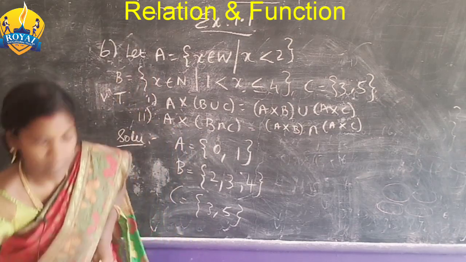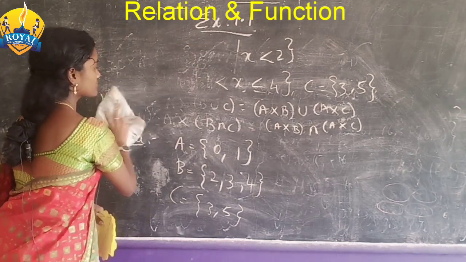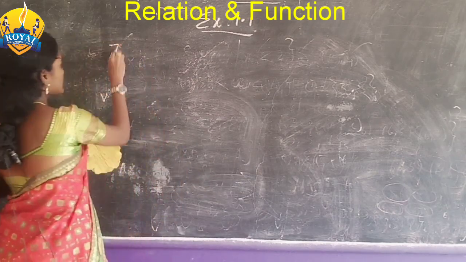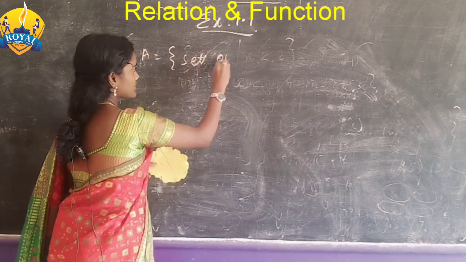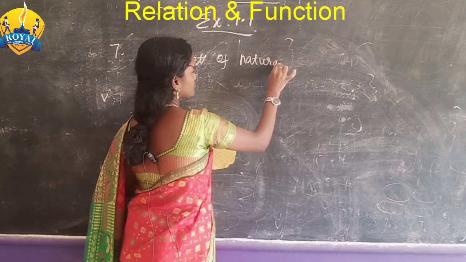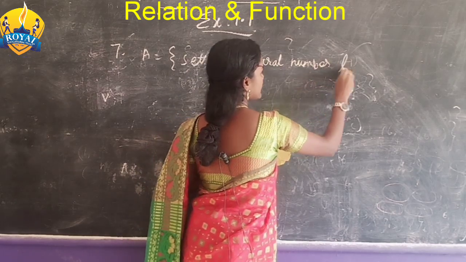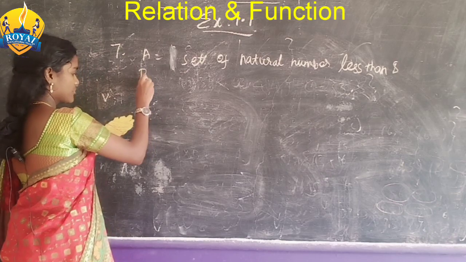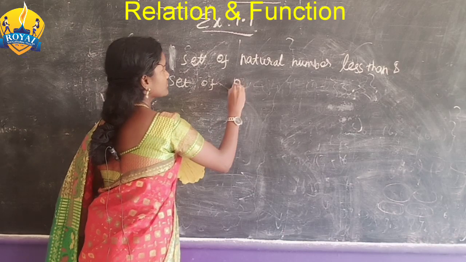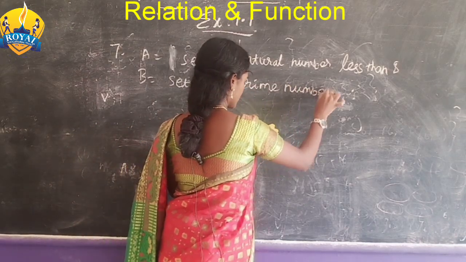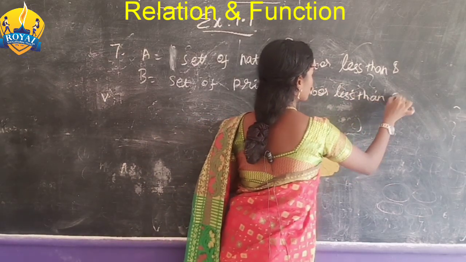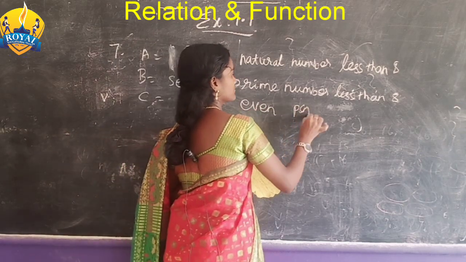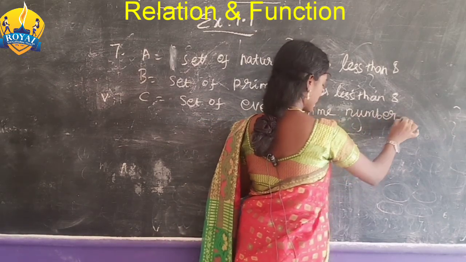Okay, the next is the seventh sum. A is equal to the set of natural numbers less than 8, and B is equal to the set of prime numbers less than 8, and C is equal to the set of even prime numbers.